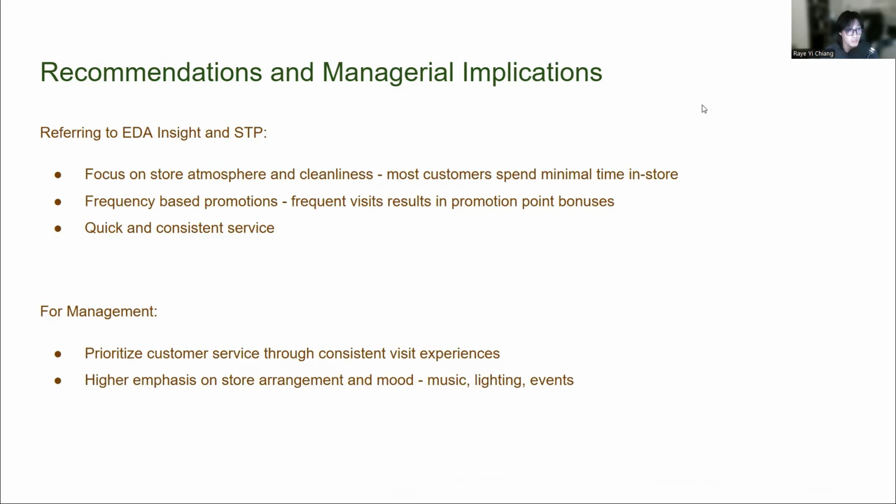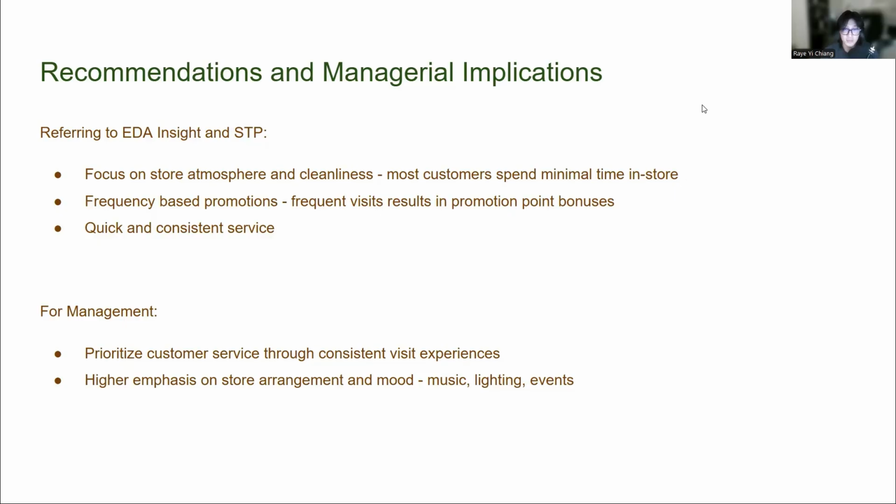Additionally, we can also add on frequency-based promotions. A lot of customers are using Starbucks promotions when they come into store or when they order online, and this would incentivize them to come in maybe a few times a week rather than just a few times a month.